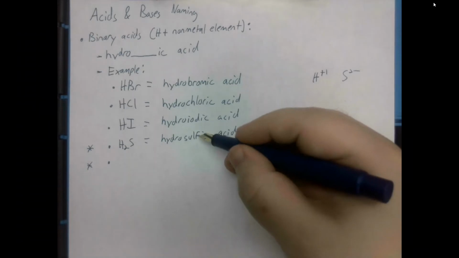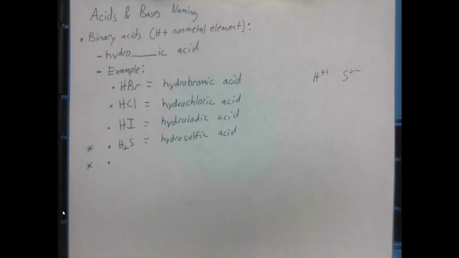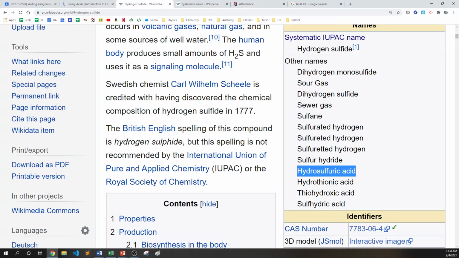So this was technically, yeah, we add the U and R and IC. So H2S. For sulfur, the IC is attached after the UR and doesn't replace it.